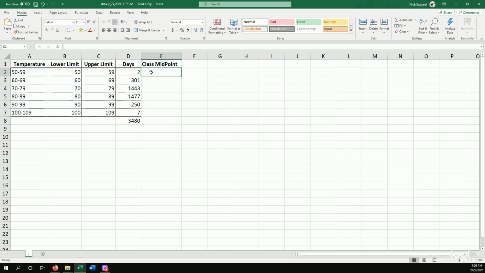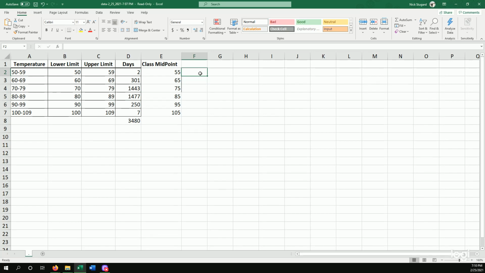What's halfway between 50 and 60? 55. Halfway between 60 and 70 would be 65, and then 75, 85, 95, and 105. These are our class midpoints. So we're saying that's probably the average of the temperatures in that particular class.